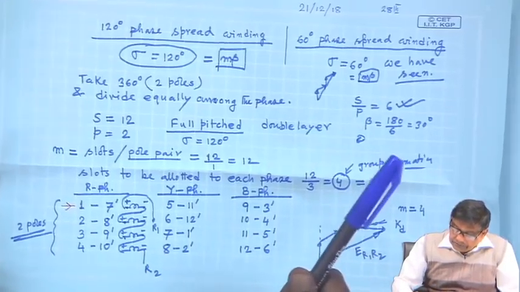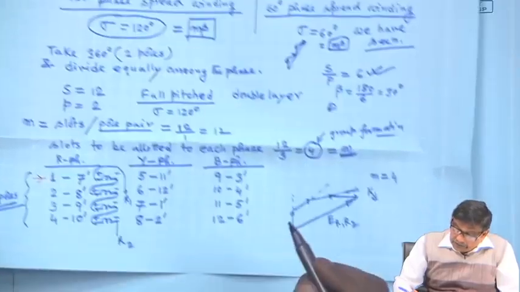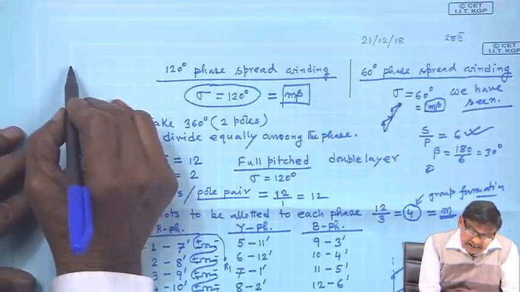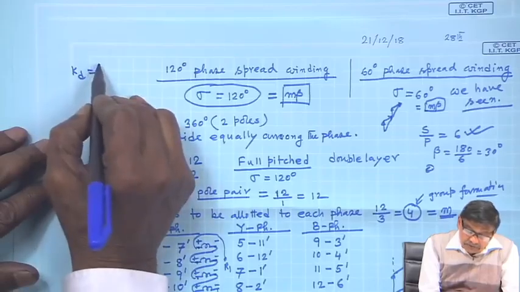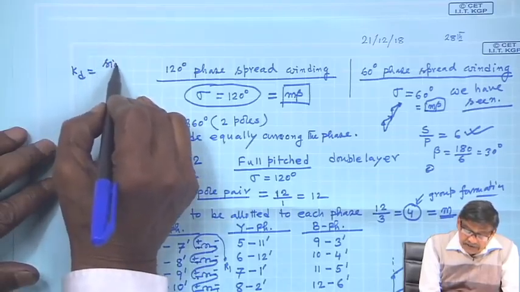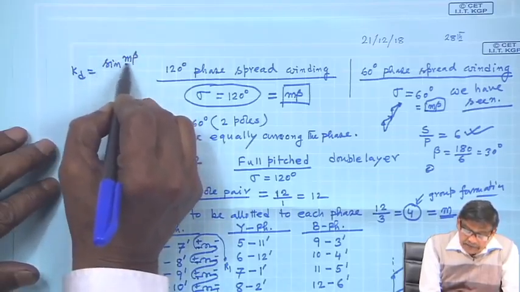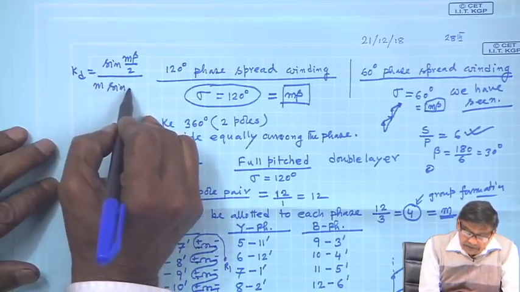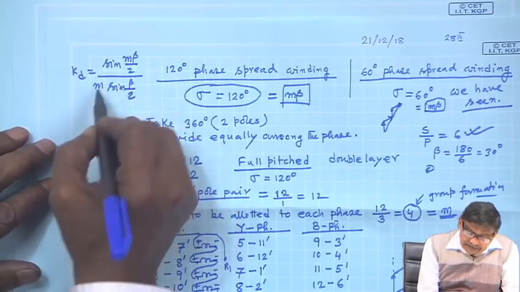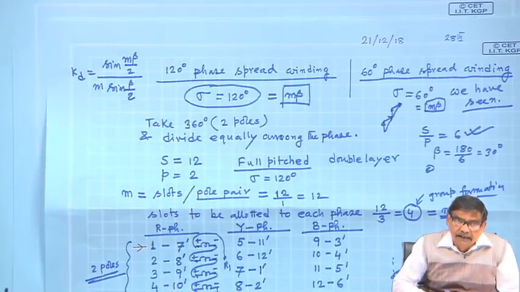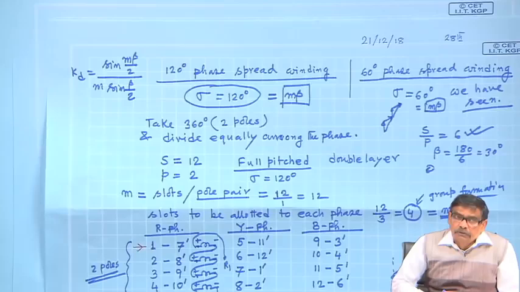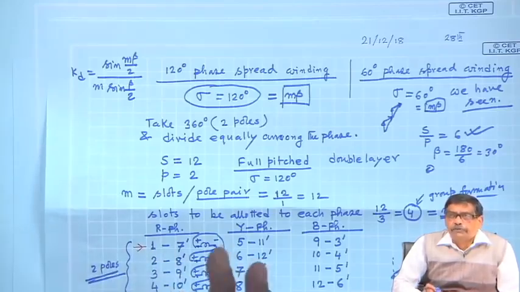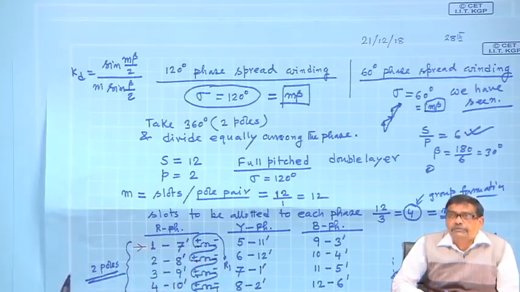But the point I want to say that K d is equal to sin m beta by 2 divided by m sin beta by 2. This m value is not that number of slots per pole per phase. That is true if it is 60 degree phase spread winding.